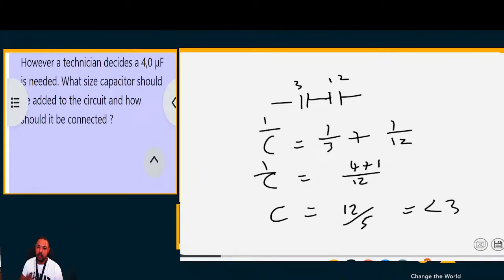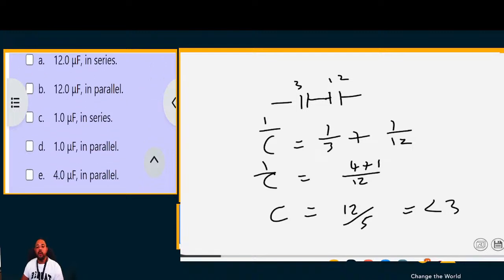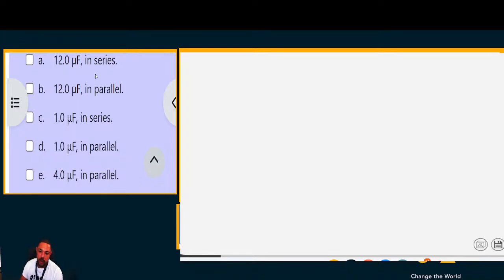The answer is less than 3, but we want it at 4, right? So option A cannot be a 12 microfarad in series.